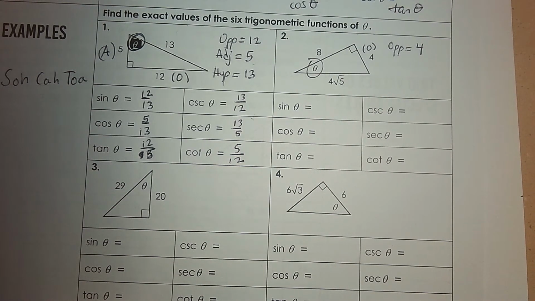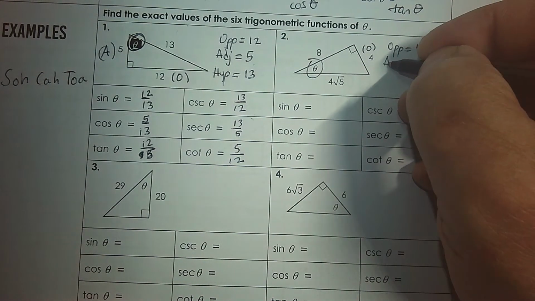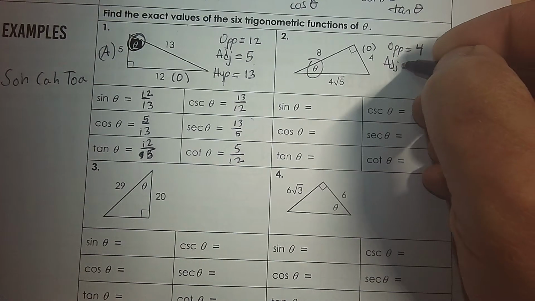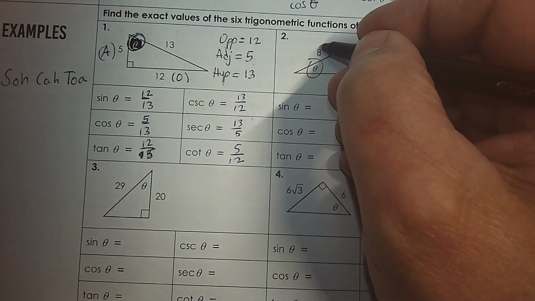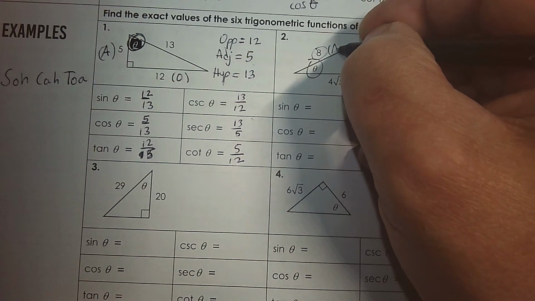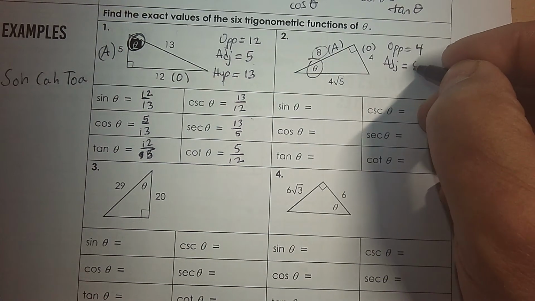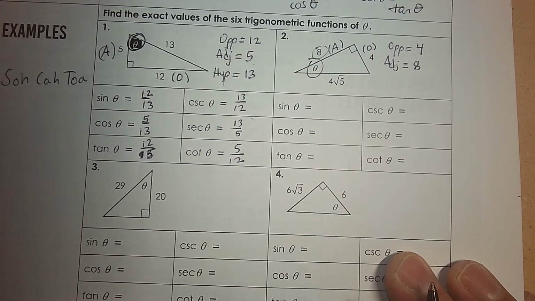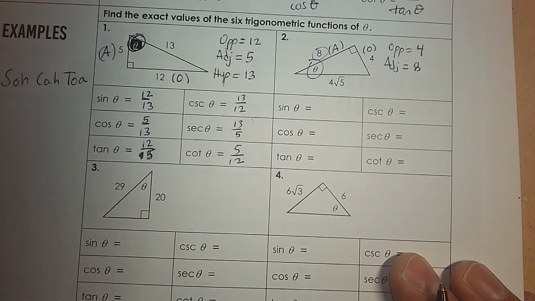Which side is the adjacent side? 8. Sometimes, when the triangle is reoriented, when it's been rotated, you have to think. But what's the best way to know which is the hypotenuse?